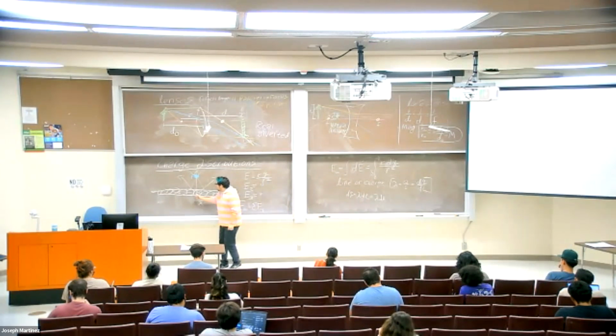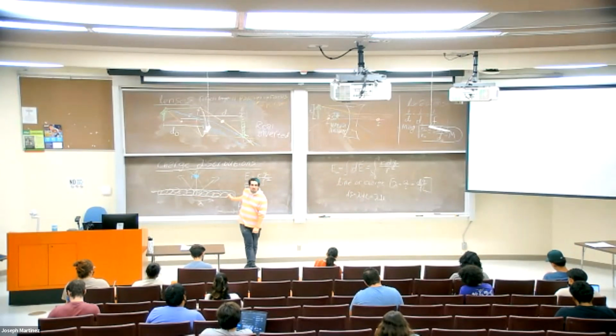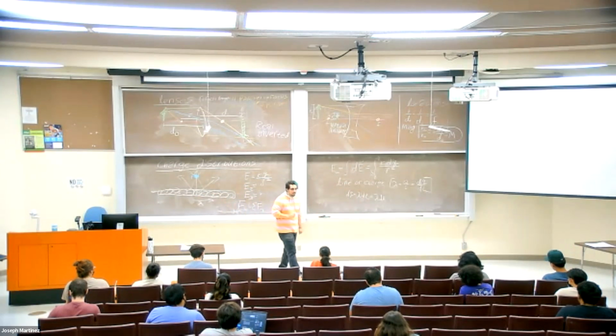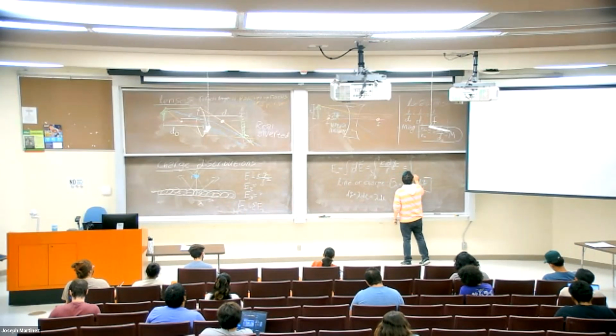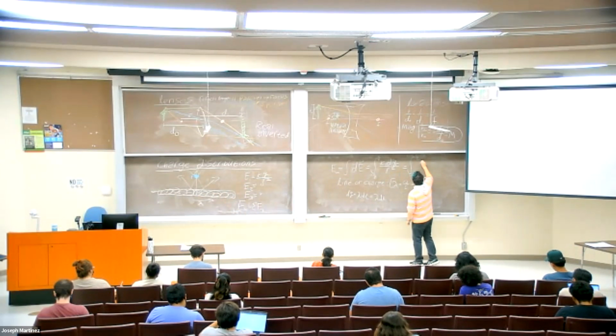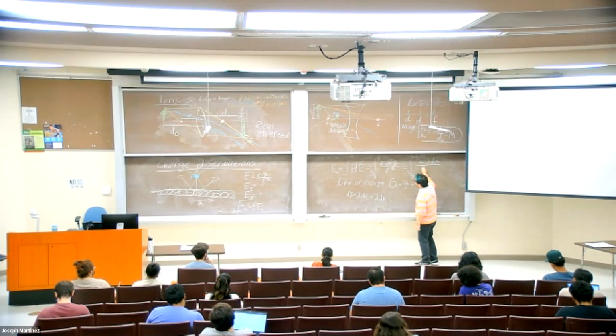Our position x is the thing that is changing for each of these charges. So this changes our integral: negative L over 2 to L over 2, K times lambda dx over r squared.